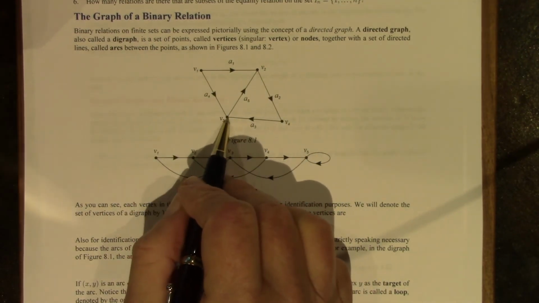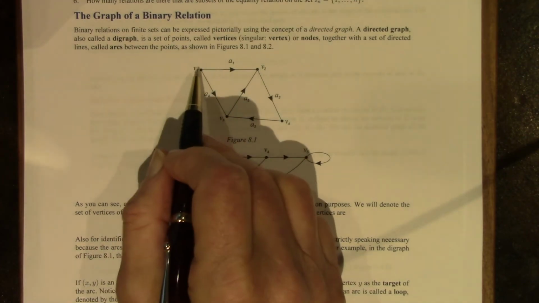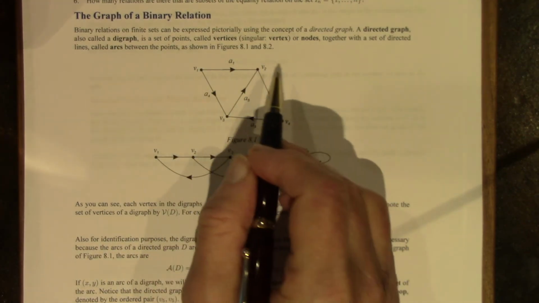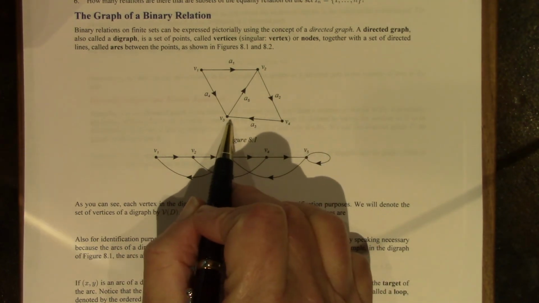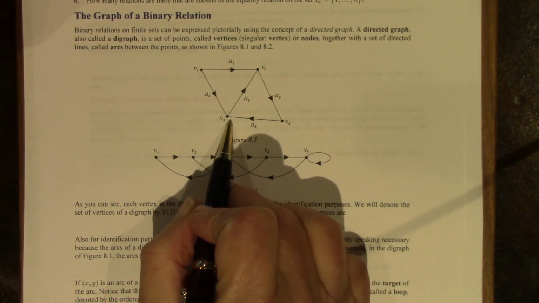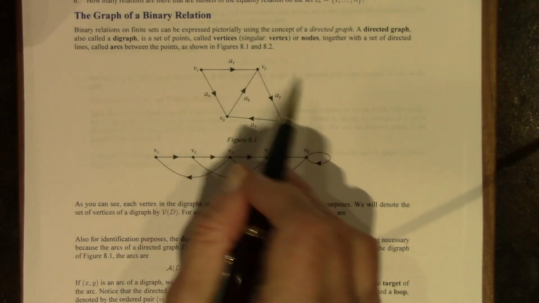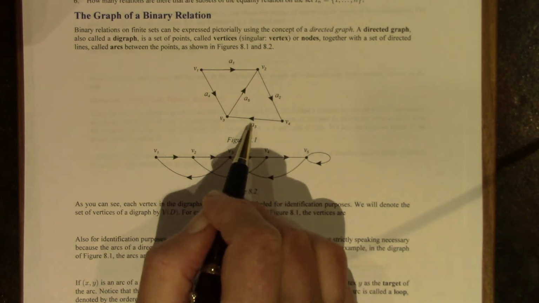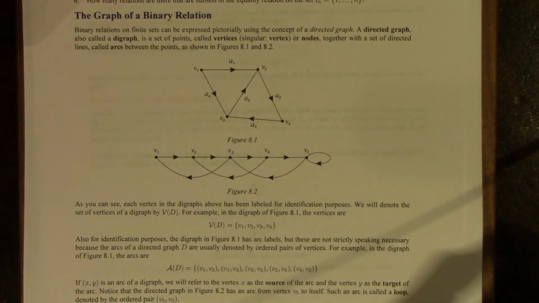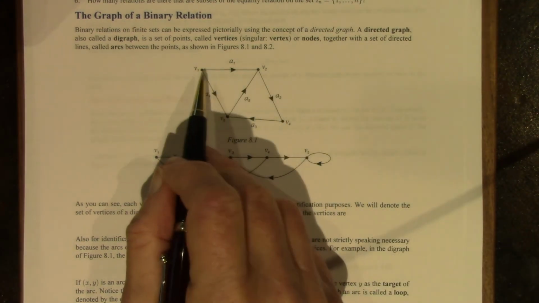That's a path. Ordered pair v1, v2, followed by ordered pair v2, v4, followed by ordered pair v4, v3. Or using the symbols of the arcs, A1 followed by A2 followed by A3. That is a directed path.